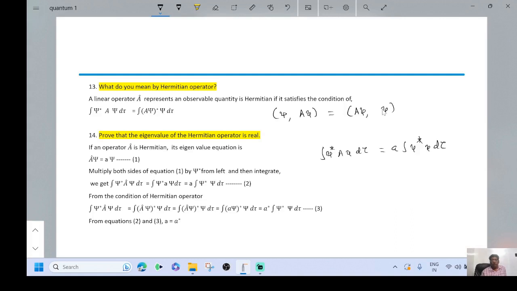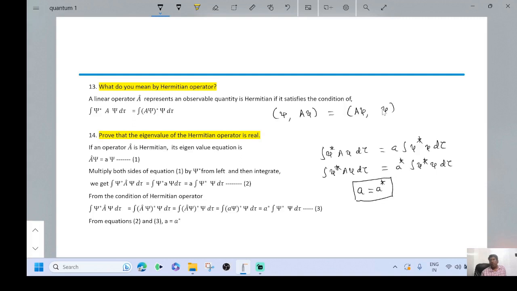From the condition of a Hermitian operator, integral of psi star A psi d tau equals integral of A psi whole star psi d tau. But A psi is small a into psi. Put here small a psi whole star psi into d tau. Here psi star A psi d tau equals a star psi star psi d tau. From these two equations, a equals a star.